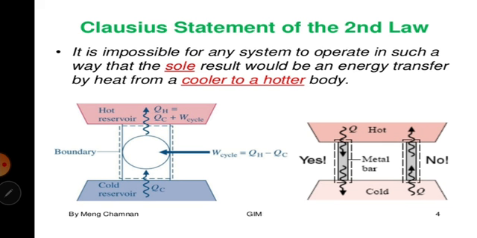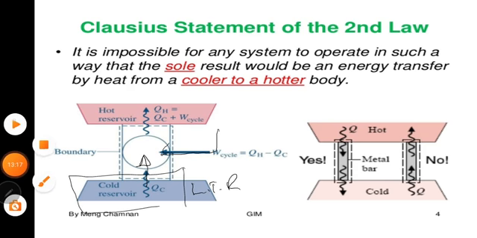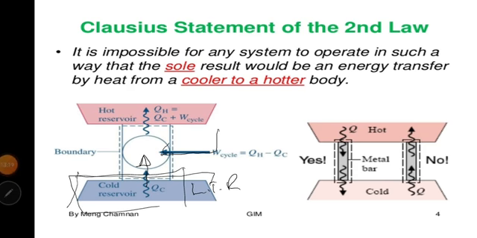Now the Clausius statement. This is the low temperature reservoir. From this, heat is taken by providing energy to the system. If you provide energy to the system, it will take heat from the low temperature reservoir and transfer it to the hot temperature reservoir.